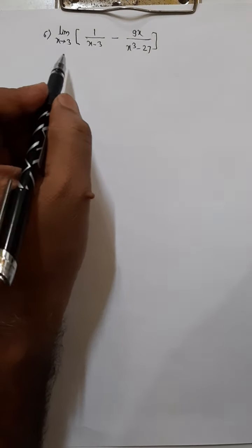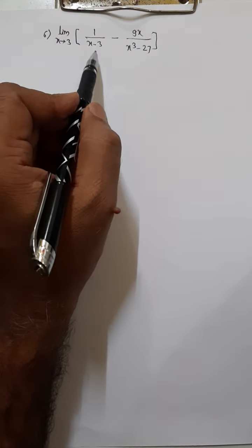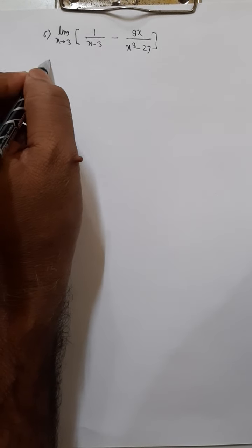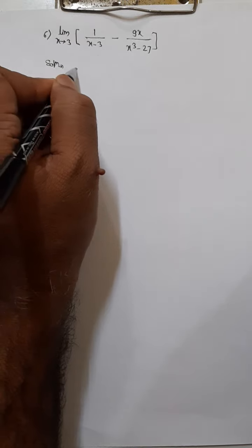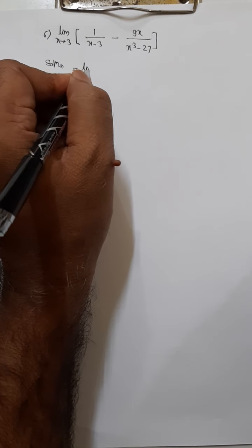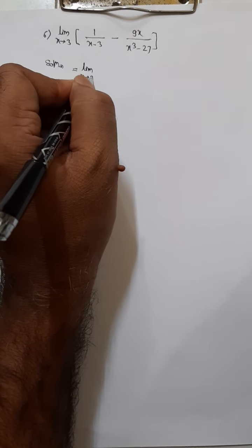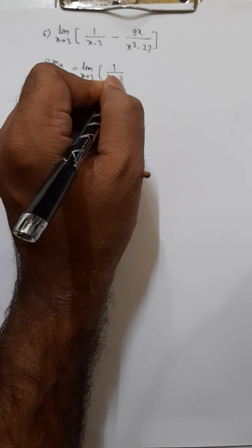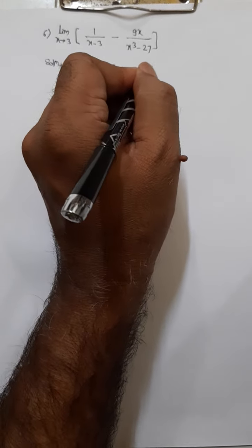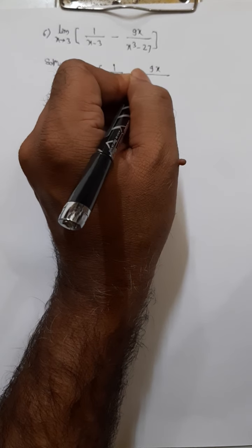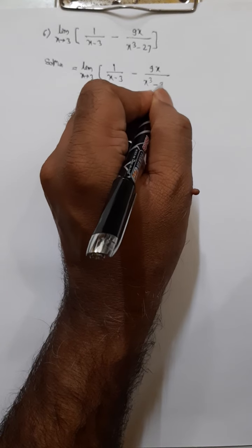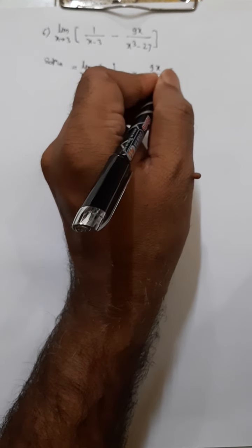Next problem, evaluate limit as x tends to 3 in bracket 1 divided by (x − 3) minus 9x divided by (x³ − 27). So we can write it is equal to limit as x tends to 3 in bracket 1 divided by (x − 3) minus 9x divided by, we have to simplify this, x³ − 27. 27 can be written 3³.